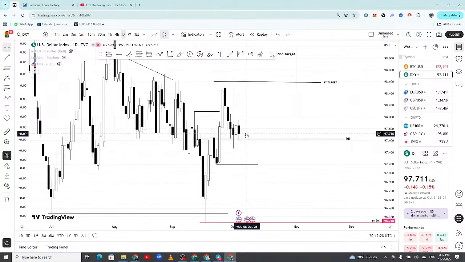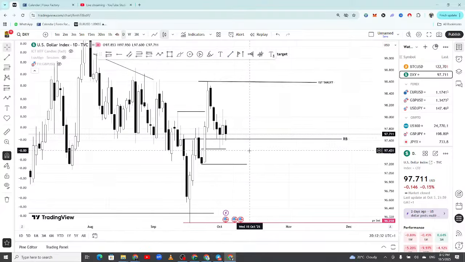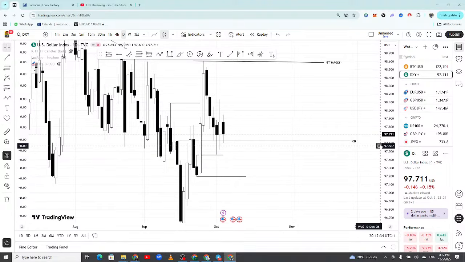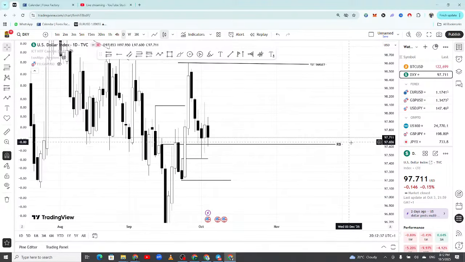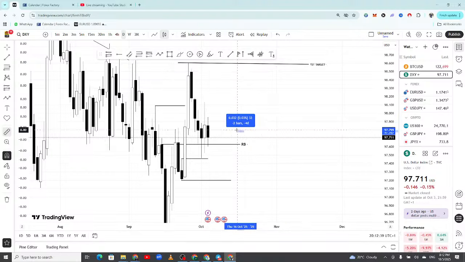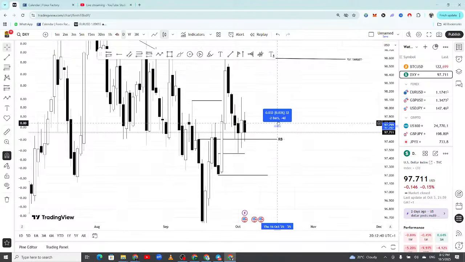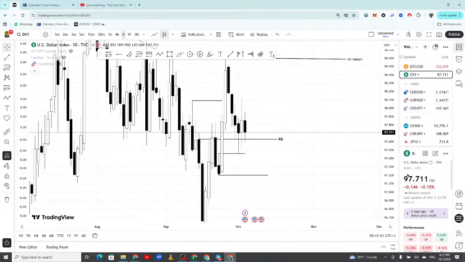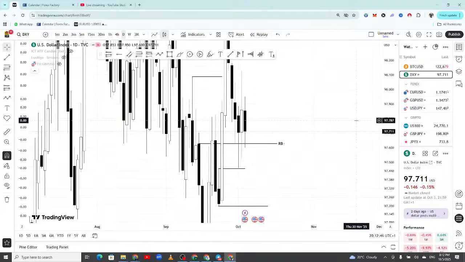Also last week I was already expecting higher prices, but due to the news release, due to the postponing of the NFP, I was expecting maybe a spike down to this other block, because price has not fully mitigated that other block. Right? Price has not fully mitigated the other block, so I was expecting a spike down to that at least before price can push back to the upside, but that did not happen.